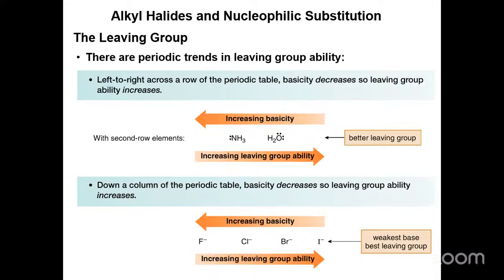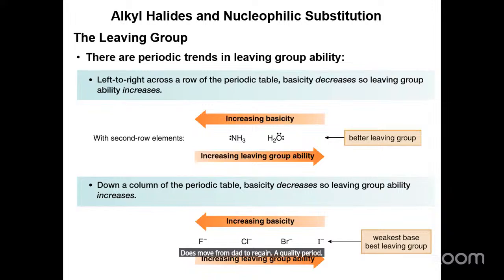As the basicity is decreasing, the leaving group ability is increasing. That's going from nitrogen to oxygen across the period.